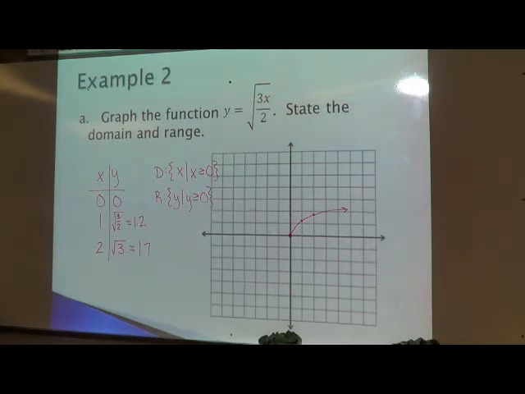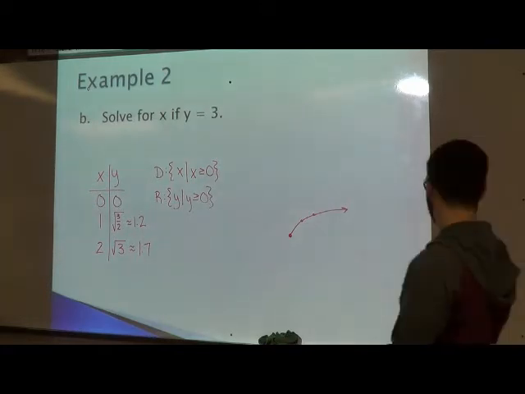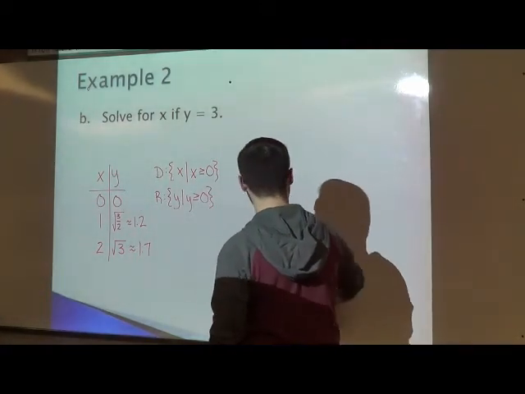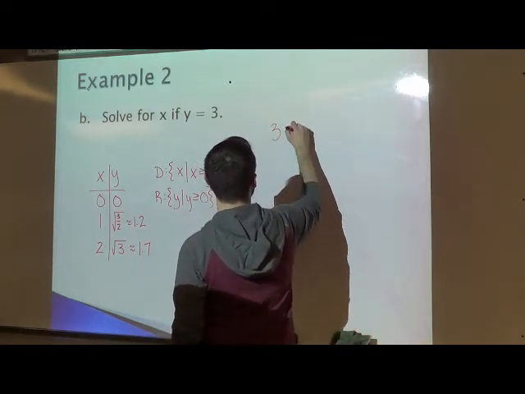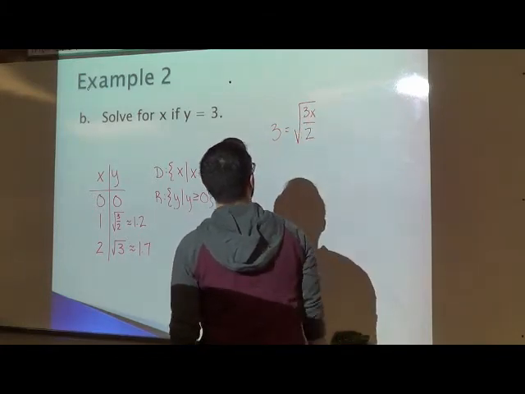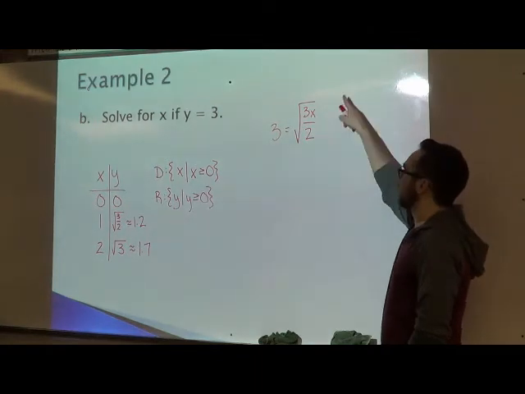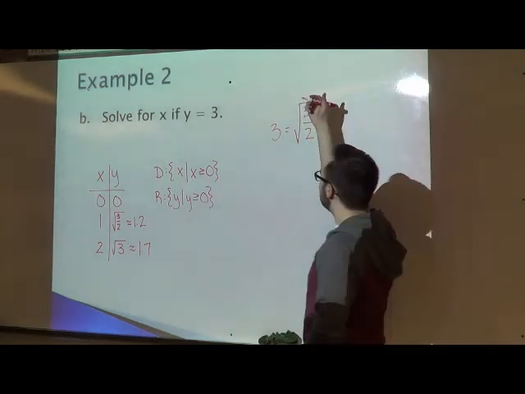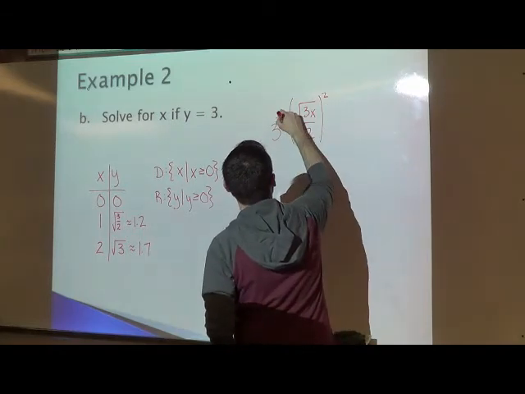So now the second part of this question asks us, solve for x if y is equal to 3. So if I make y 3, we're going to have 3 is equal to the square root of 3x over 2. Well, how do I get inside of there to solve for x? I have to square both sides. So to undo a square root is by squaring it.